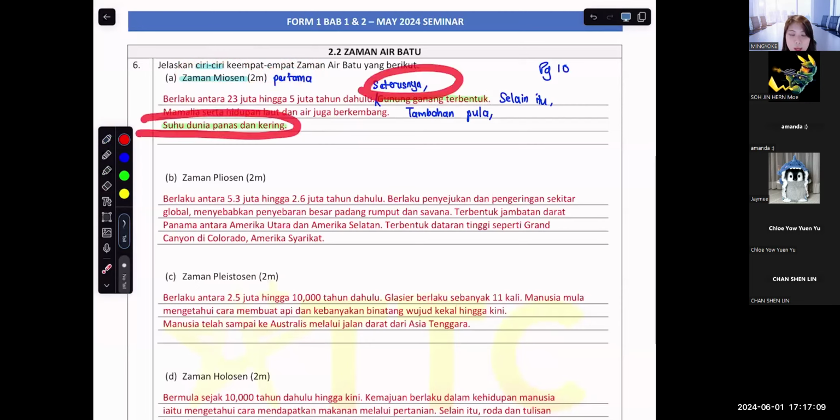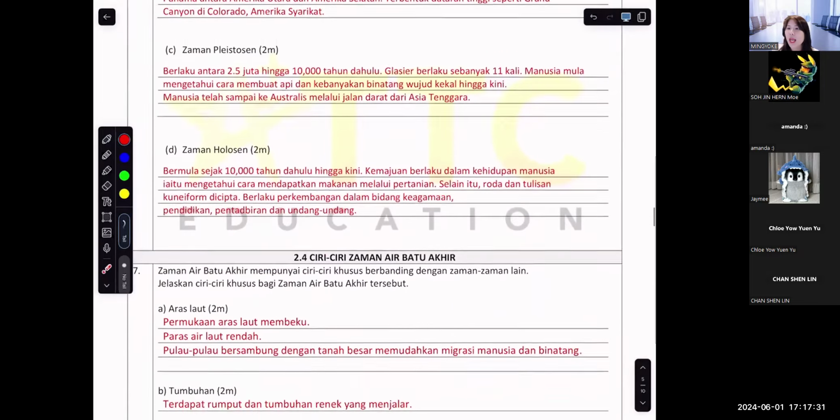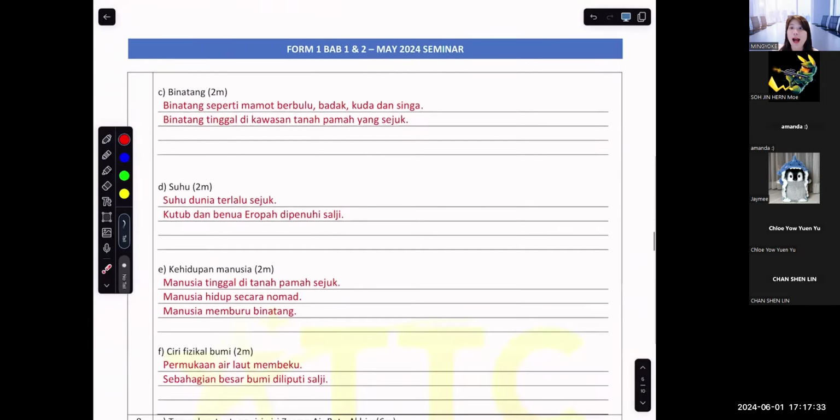Seterusnya suhu dunia panas dan kering. Like this. You understand, right? Choose your point and put in. Or is your answer. You can choose the shortest one as your answer. Write 1 sentence, 1 answer, 1 full stop. That's the best way lah. Okay, don't give up writing. You can write after class.